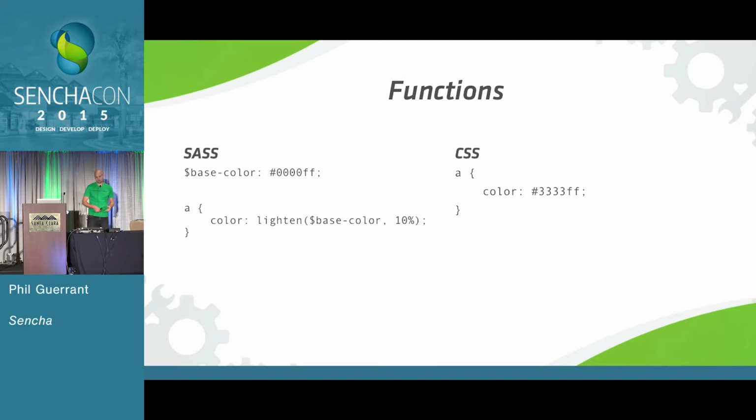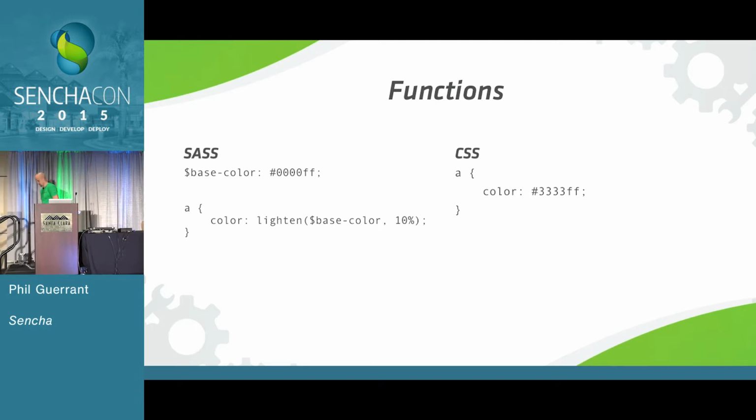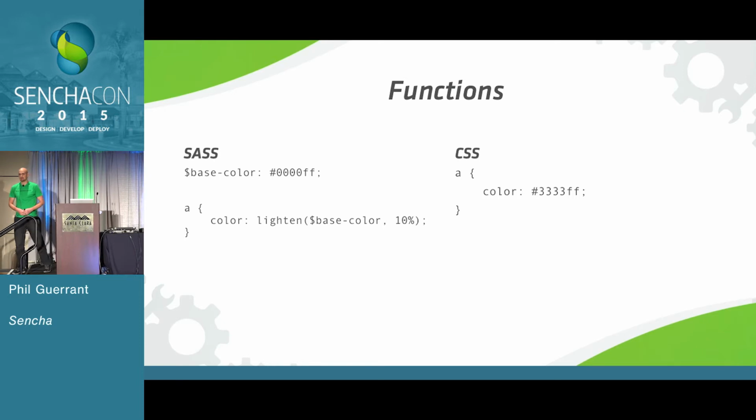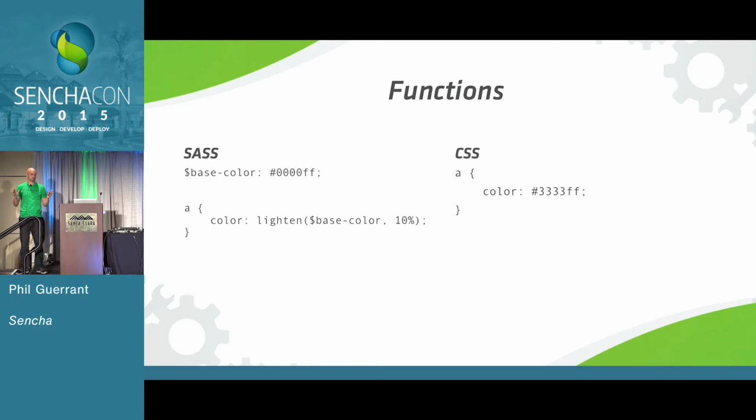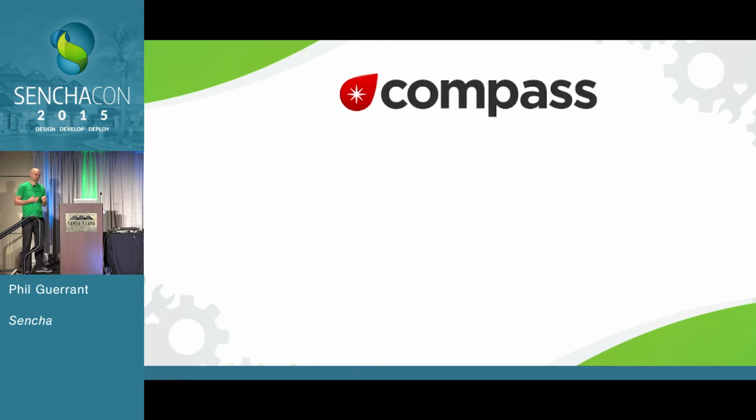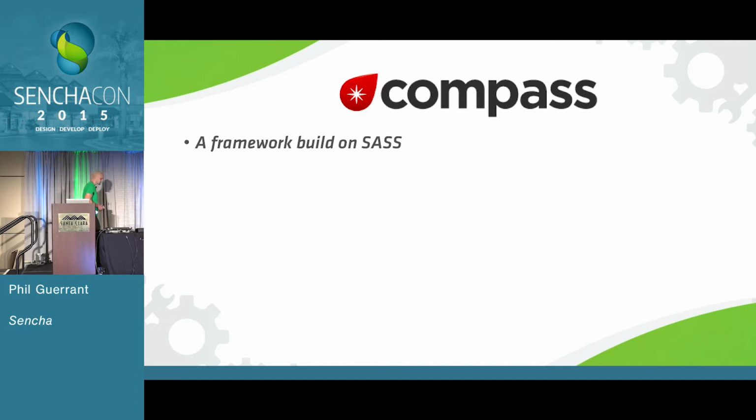And if you've ever looked inside the source code of Ext JS, you've probably noticed that we do this all over the place. These things were a lifesaver for us until CSS3 came along, and we needed a way to make sure that our CSS3 styling worked across all the browsers. So then there was Compass, which is a library built using Sass.